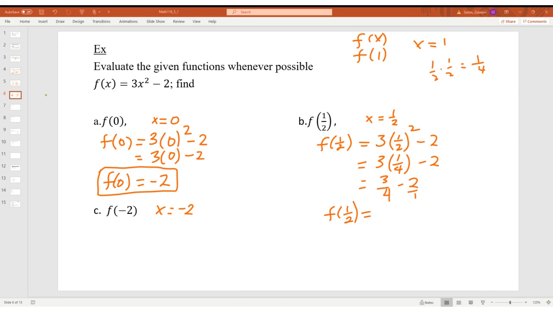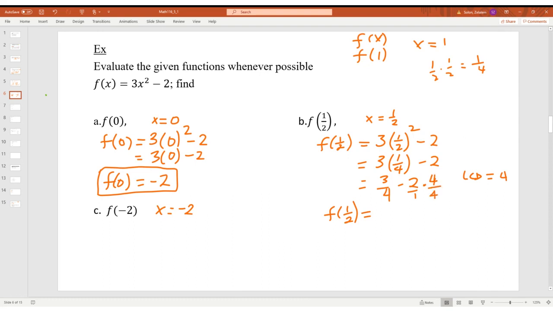Okay, now I want you to pay attention here because I see different answers. I want you to pay attention to how to subtract fractions. So when you have fractions with different denominators, the first thing you do is make the denominators the same. So I see here 4 and 1. So the LCD is 4. So I have to make each one of them 4. So the first one is already 4. So I have to multiply this by 4 over 4 to make it the same denominator.